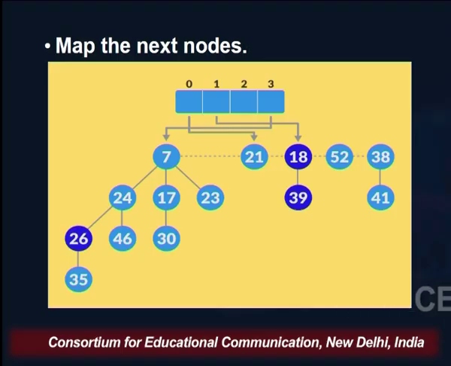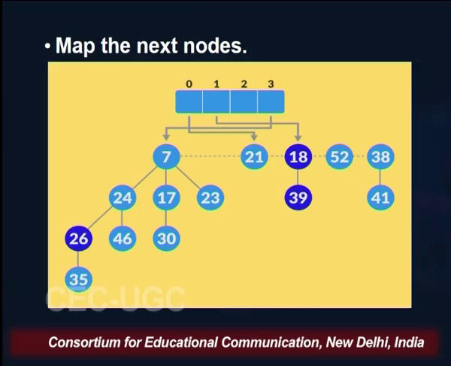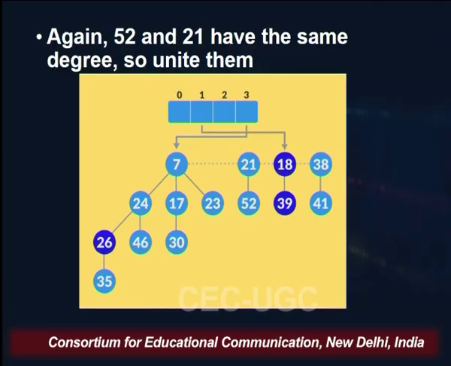In order to map the next nodes, 52 and 21, as you can see, have the same degree. So, we are going to unite them. When united, 21 will take part as the parent because of being minimum, then 52 is there.